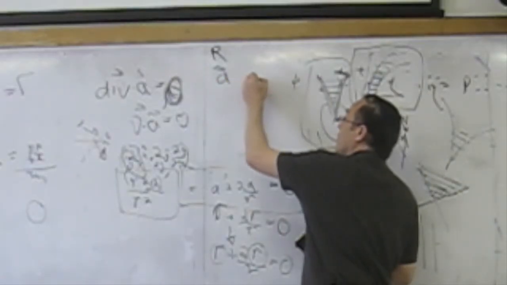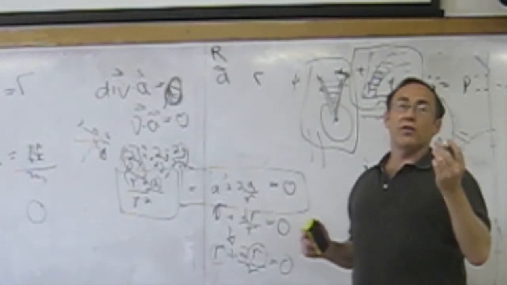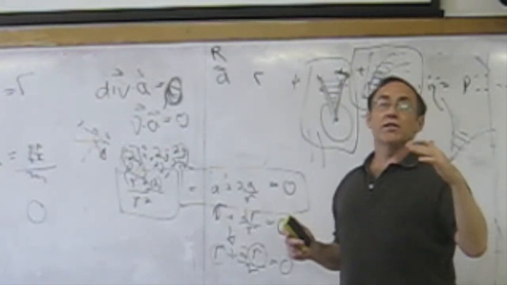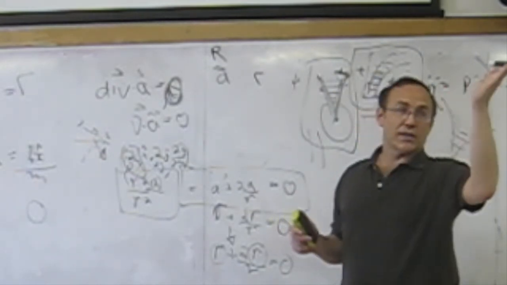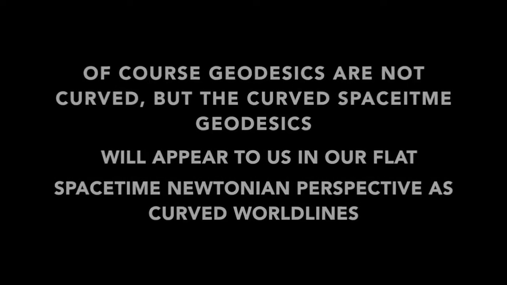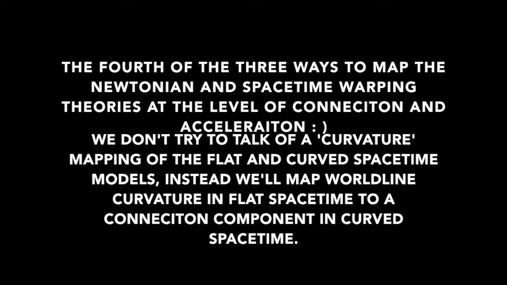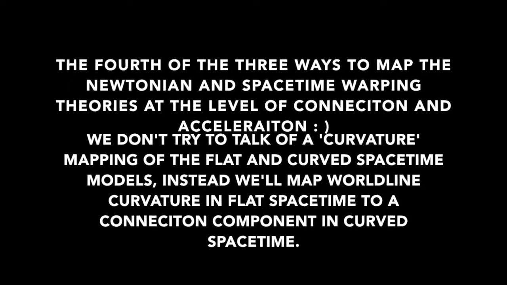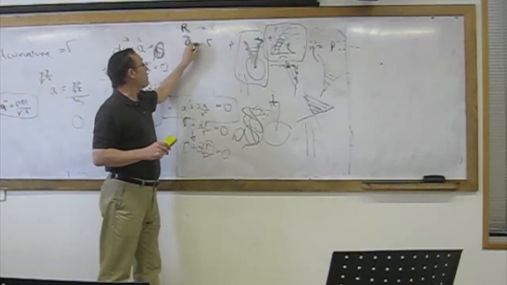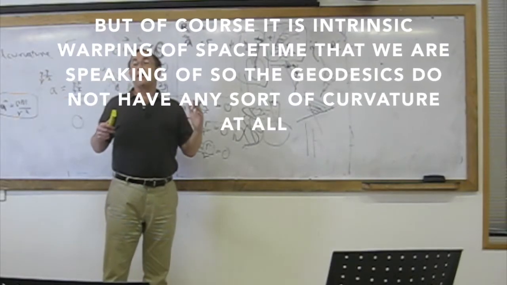Corresponding to this, we found the world line curvature, and then we said in the curved theory, it's not going to be world line curvature, it's going to be the curvature of the geodesics. And this maps to that geodesic curvature, all right?